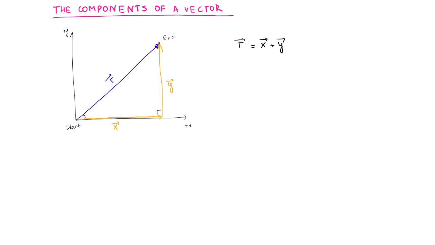So any type of vector may be expressed in terms of its components in a way similar to this one. If you take an arbitrary vector, for example vector a, it doesn't matter, this will have its x component and a y component.